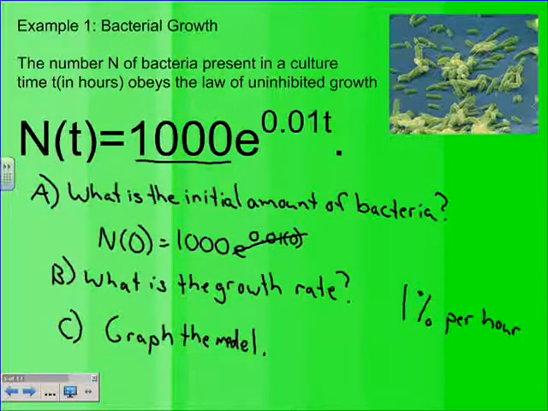So grab those, go to your y equals, and then just type in the initial part of this. 1,000, get our e key, 0.01. Our variable is the t, so you can just use your x there. So instead of t, just use your x key, and then close parentheses. Graph.